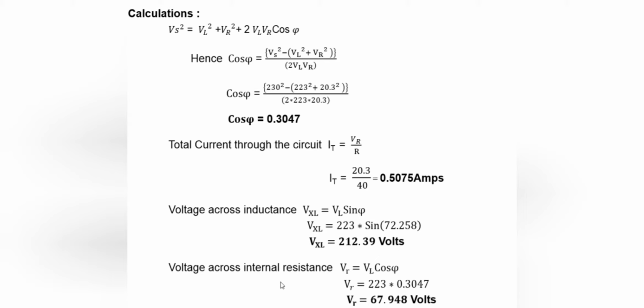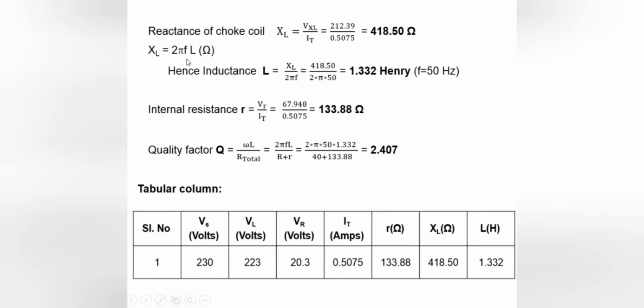Next, the voltage across the internal resistance, that is VR, is equal to VL into cos phi. Substitute the values and you get VR is equal to 67.948. The reactance of the choke coil is given by XL is equal to VXL by IT. Substitute the values and you get XL as 418.50. As we know, inductive reactance XL is equal to 2 pi FL.